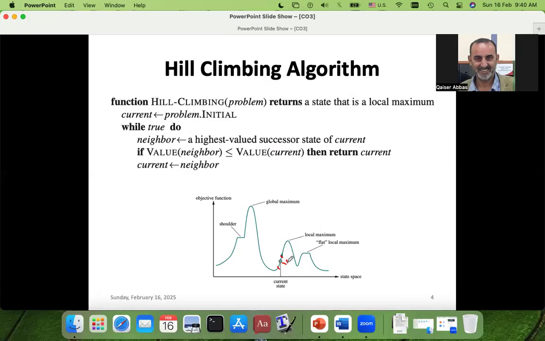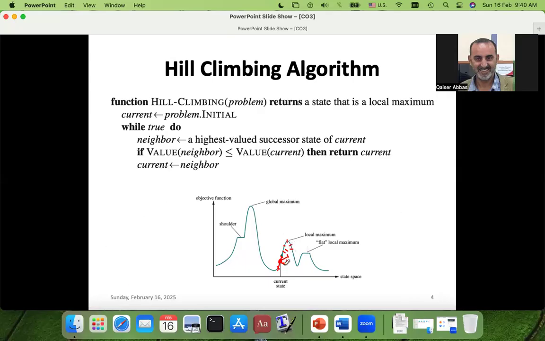I am drawing the tree so that you will have the idea. This is the current position, and then you have these points, and this is the local maximum, for example, that you want to reach. And then you have further points here, but they are not the neighbors of this one.